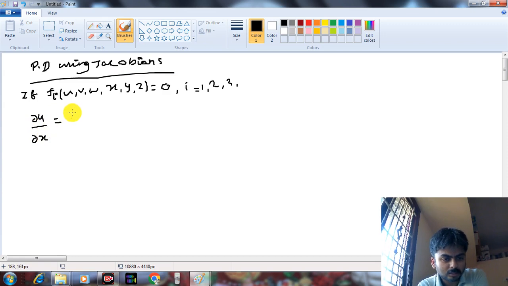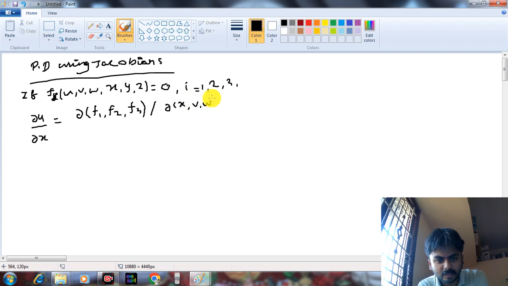Since in the numerator everything is a function of u, v, w, and they are functions of f1, f2, f3, we will get three functions: dou of f1, f2, f3, divided by dou of x, since we are differentiating with respect to u, we will have only v, w in the second and third positions. Because the first position is meant for u, and there we are having x.